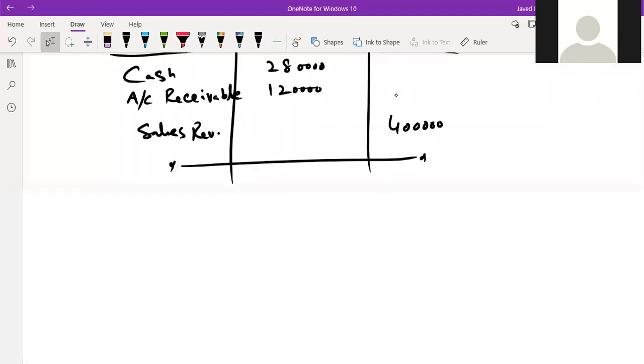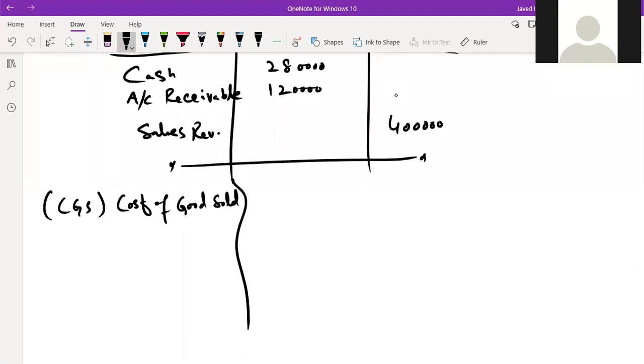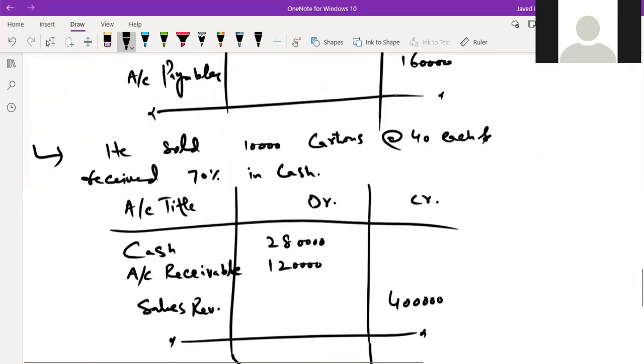So you must have another transaction which was called cost of goods sold, or most commonly we write it as CGS. This should be debited by how much we'll see, and then your purchases have declined, so you need to close those purchases.